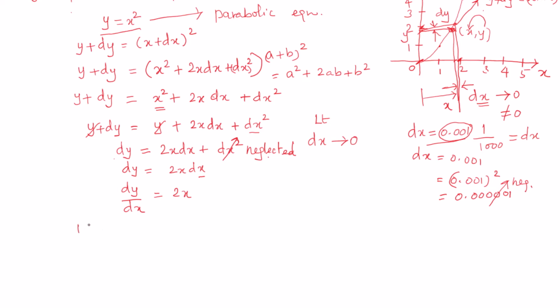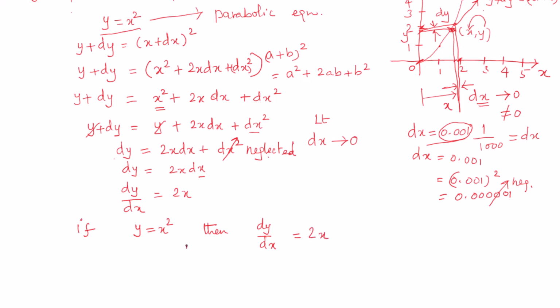So if y is equal to x square, then dy by dx will be equal to 2x.